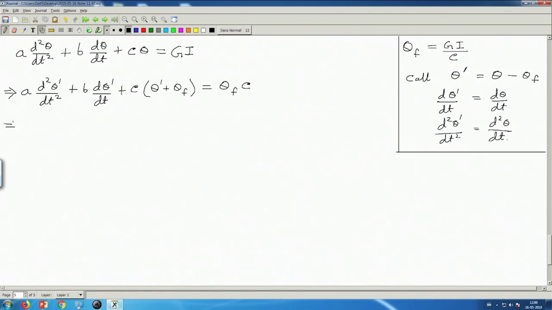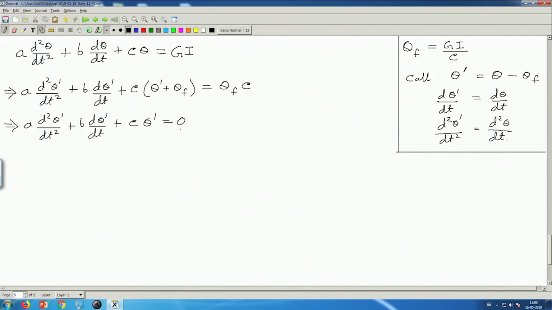So, this c theta f will cancel from both sides. So, I will have a 0 on the right hand side. So, this is a homogeneous differential equation where I have right side equal to 0.